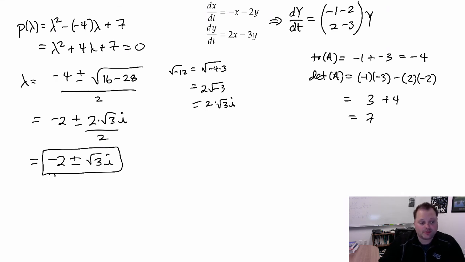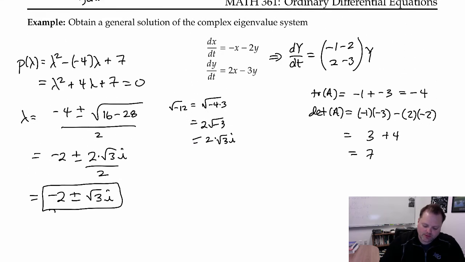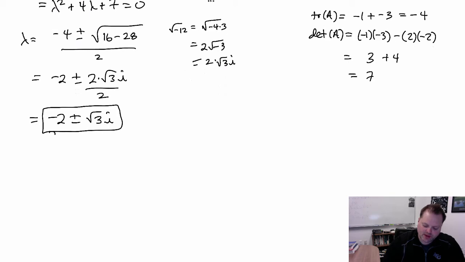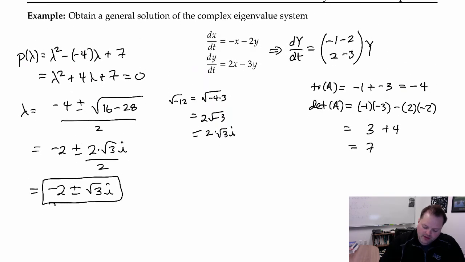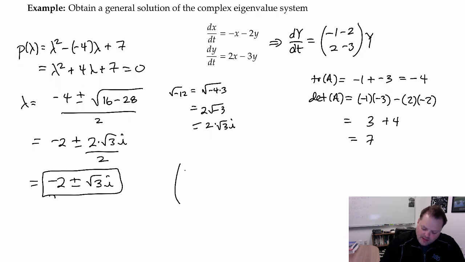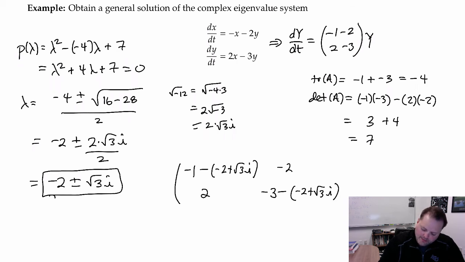Remember, I only need one of them. So I'm going to take one of them and subtract each term of this by those. So to find our eigenvector, I'm going to take -1 minus -2 plus square root 3i, and then -3 minus -2 plus square root 3i.